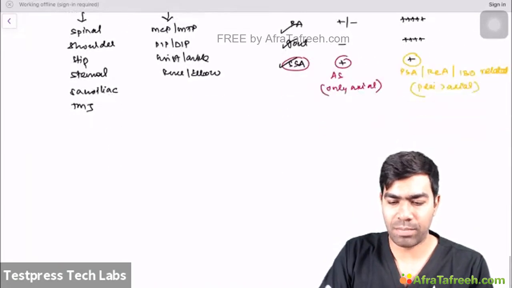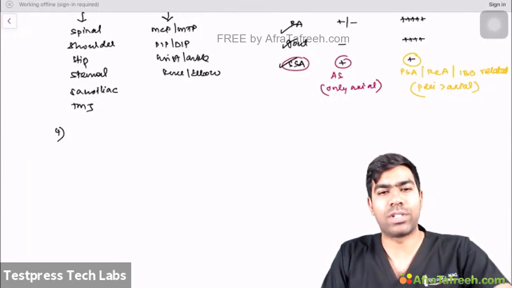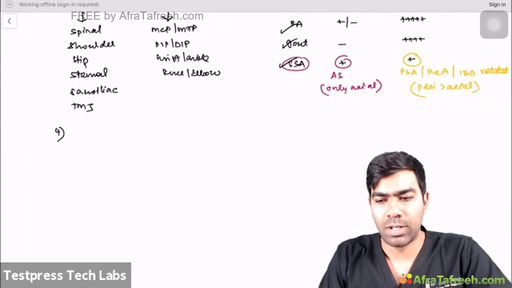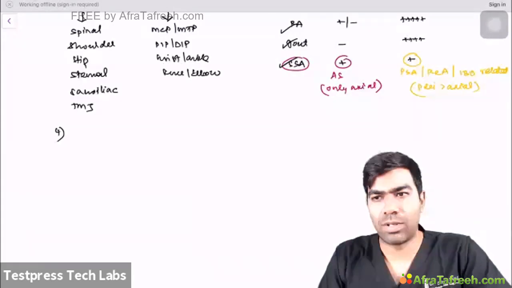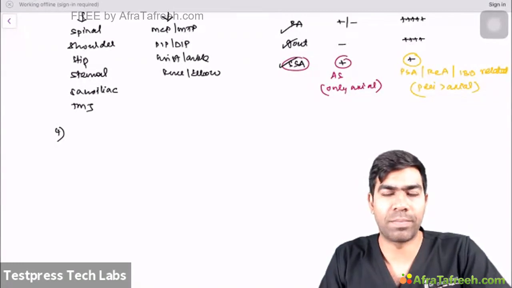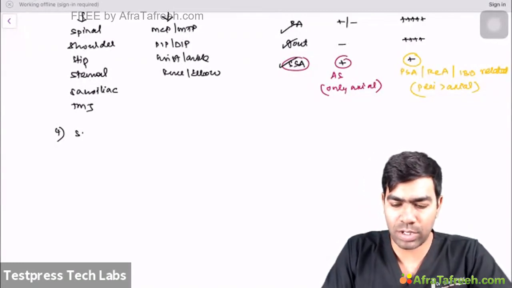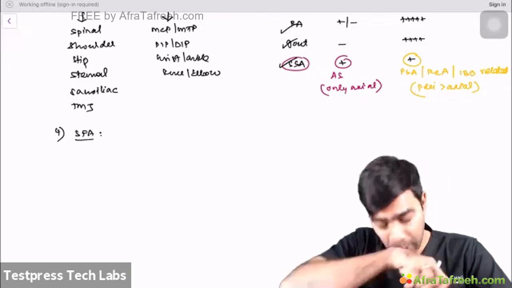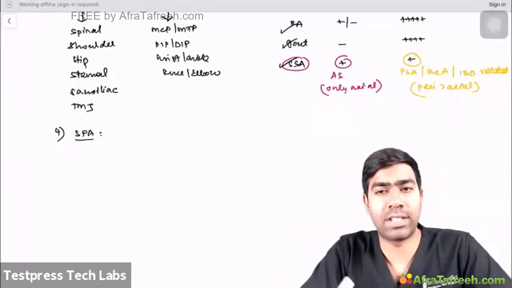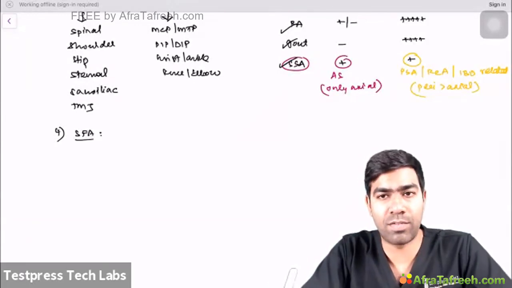Then apart from this, the fourth question that you have to answer is: what is the synovial fluid pattern? In the synovial fluid also you can see some basic ideas. When you do an arthrocentesis, a synovial fluid analysis, what is the type of finding? Is it an inflammatory fluid or a non-inflammatory fluid?